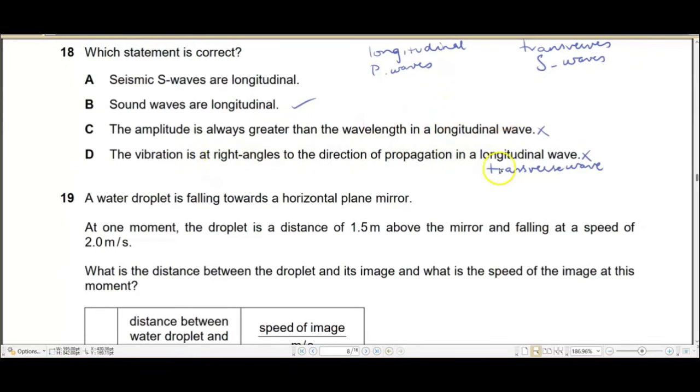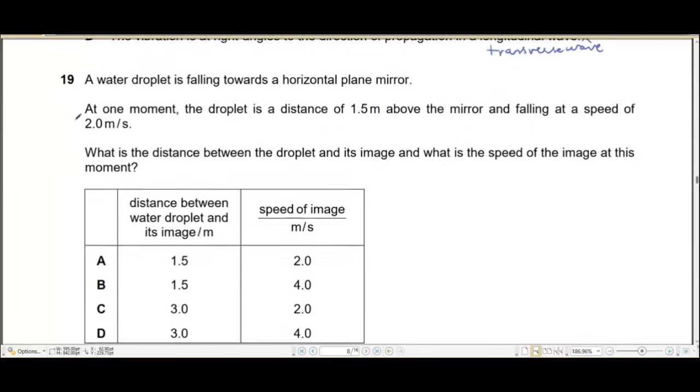In longitudinal waves, the vibration is parallel to the direction of propagation, and it is at right angles, or perpendicular, to the direction of propagation of the wave in a transverse wave. So these options are not correct, and our option B is absolutely correct.